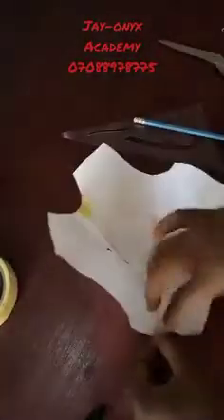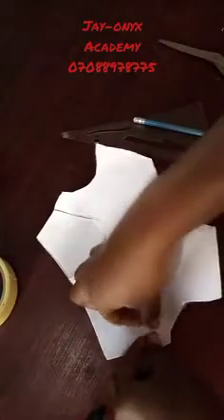Now at this part, you can also decide to sew it down, just the normal way you sew your dart. I just want to close it. You can still use it to do any other style that you want to do. Just your creativity will help you know what you want to do with it, right?